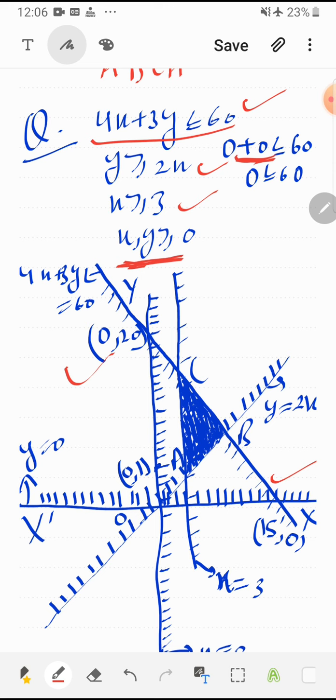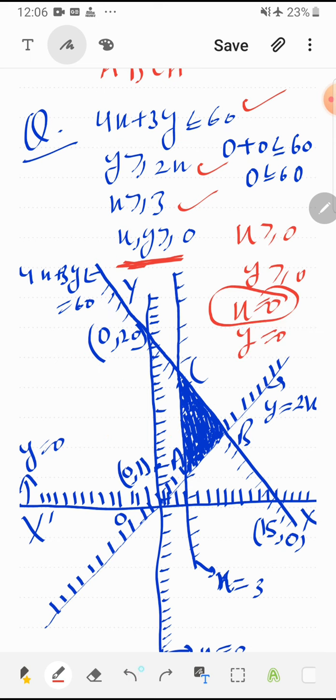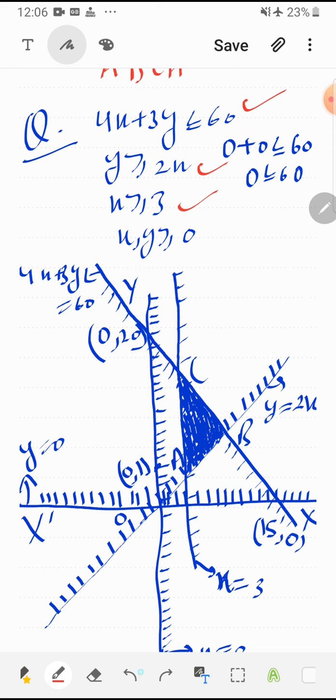So shading will be done towards the origin. And for x greater than or equal to 3, first of all I put x equal to 3, a vertical line, and greater than 3 means shading is done towards the right side.